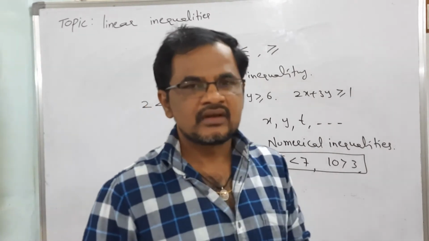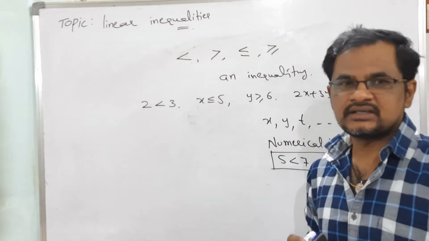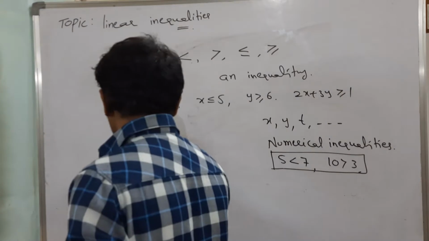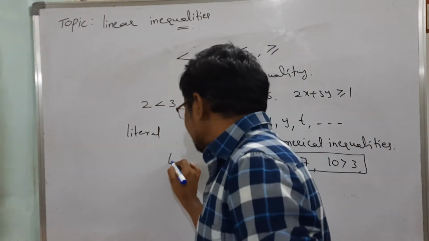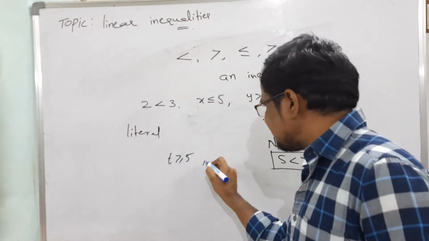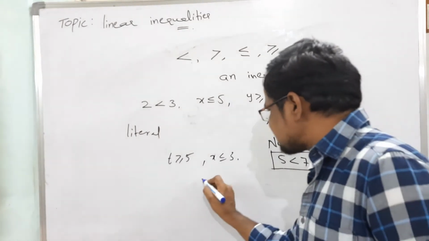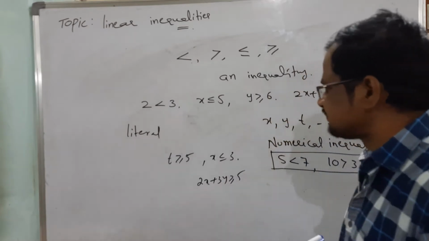Inequalities which involve variables are called literal inequalities. For example, t ≥ 5. Here t is a variable. And x ≤ 3. Next, 2x + 3y ≥ 5.